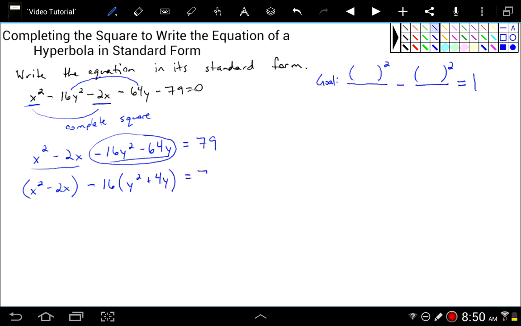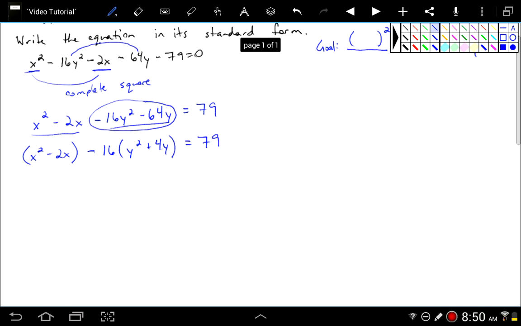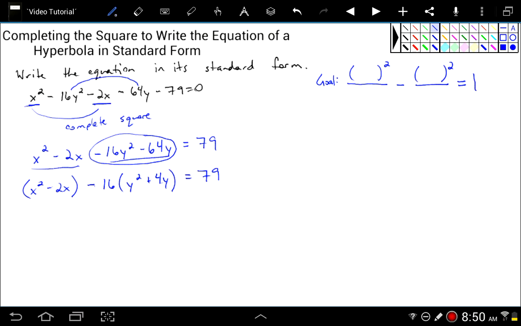Still equals 79. Okay, now we're going to try to turn the two things in the parentheses into perfect square trinomials so that they will factor as something squared, which is what I need over here in my goal.